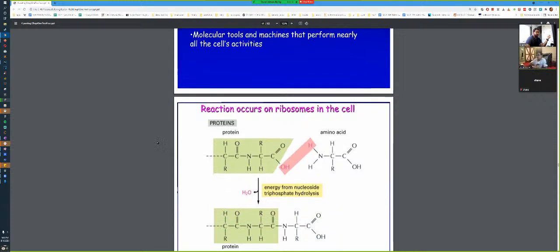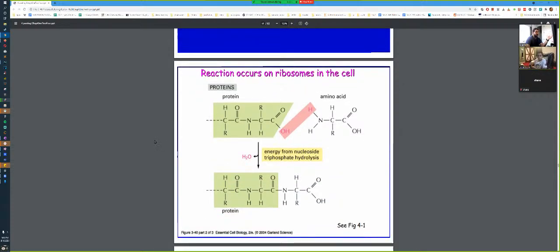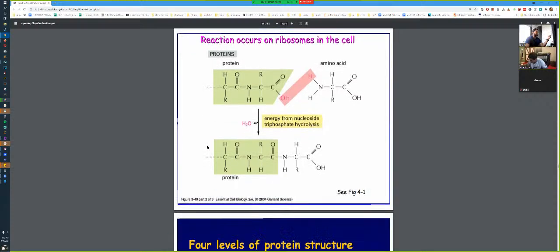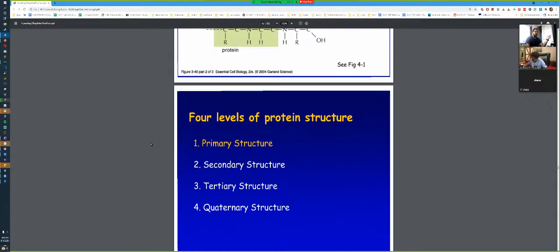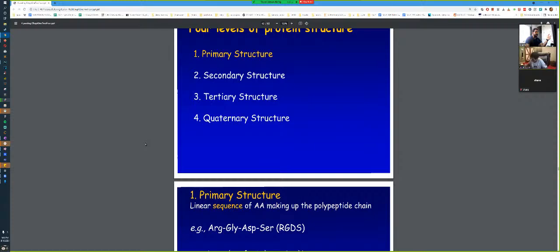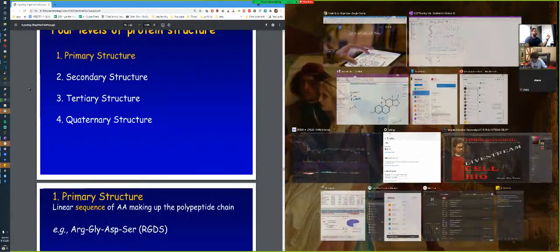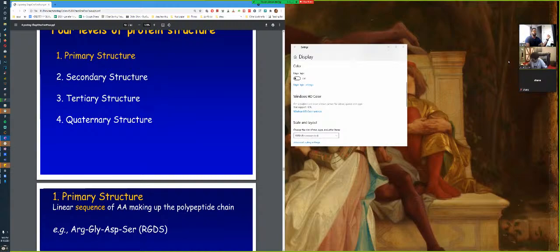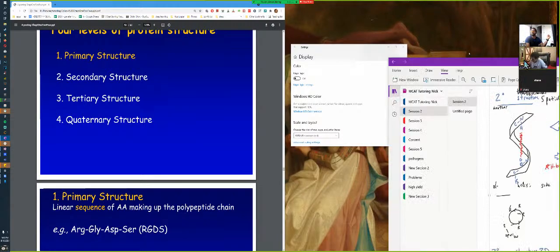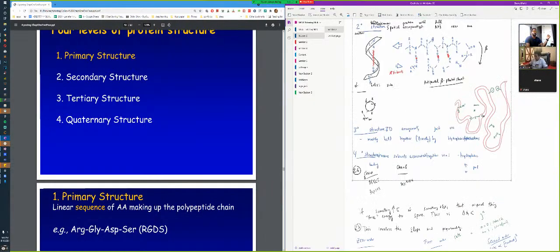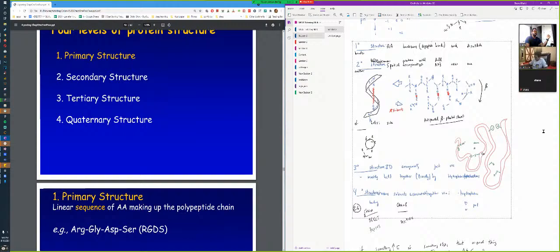This is an example of another polymerization reaction, which is always going to be dehydration synthesis. And then there's primary structure, secondary structure, and tertiary structure.